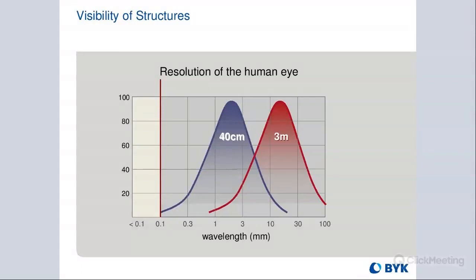So we're seeing the smaller structures there, and then when we step out to about a 3 meter distance, we're seeing structures in the 12 to 15 millimeter size range, which is where the peak is. So we're making out the larger structures when we're further away, and when we are closer up, we can make out the smaller structures.